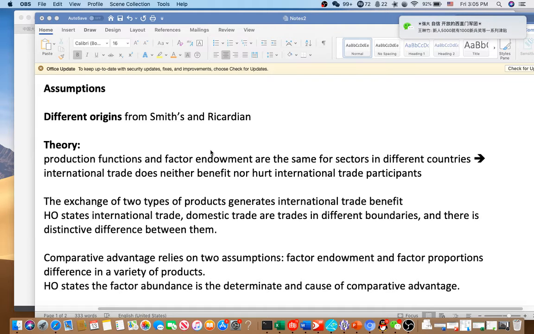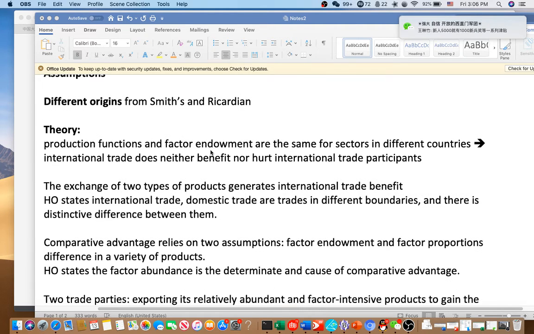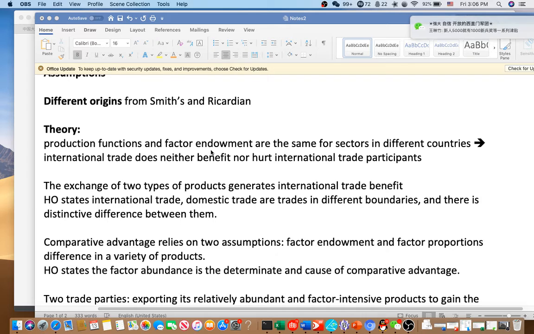According to the unit factor input, products can be classified into labor-intensive, which has more labor input per unit of production, and capital-intensive, which has more capital input per unit of production.